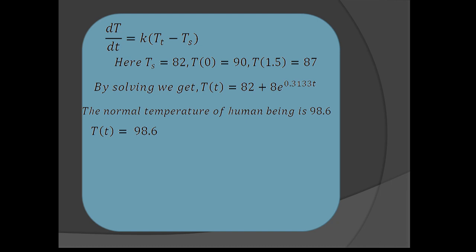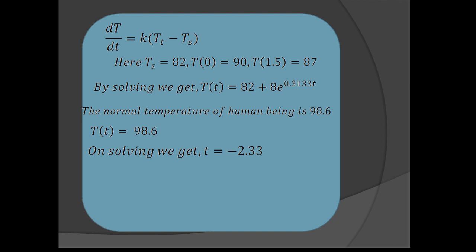T of t is equal to 98.6, which means the normal temperature of a human being. On solving this equation, we get t is equal to minus 2.33. So here the time is negative.